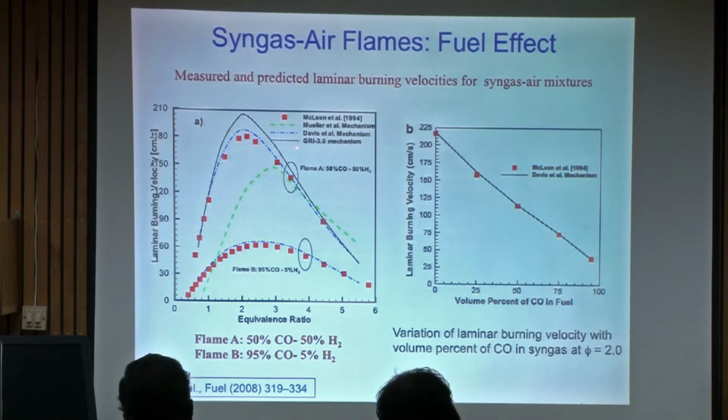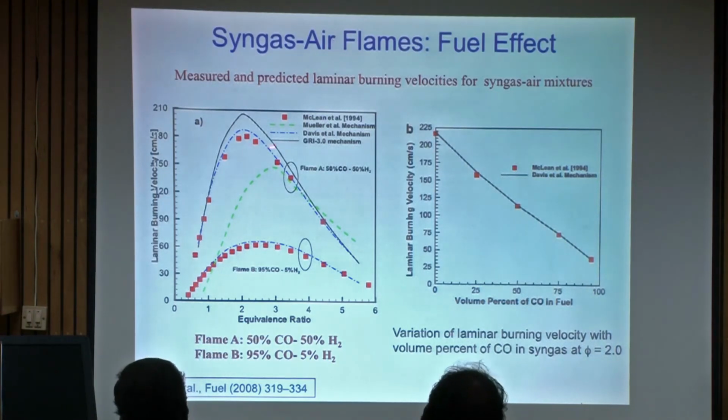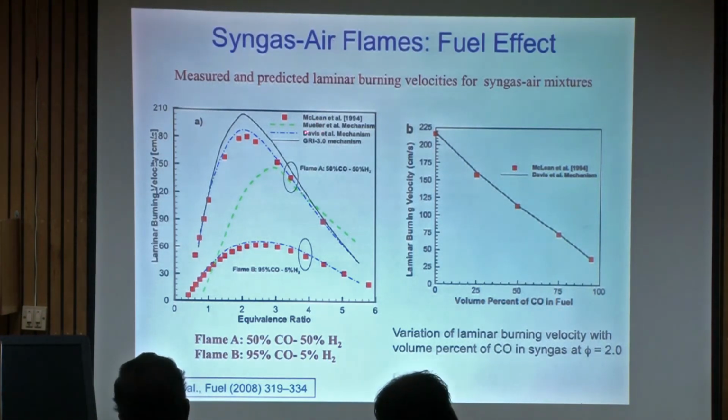We also used GRI 3, and another mechanism, Mueller. The Mueller mechanism did not give good results. GRI 3 and Davis probably gave the best results, though GRI 3 also gave reasonable results.